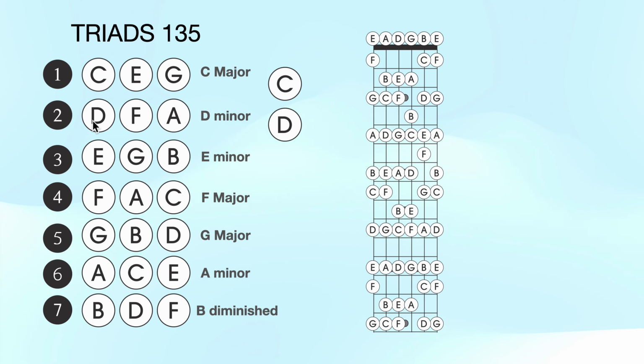We have C, D, and in this case, the E minor doesn't have either one of them, but then C, D, C, D. Let's check another one. We have D and E, E, D, E. The F major would not have either one, D, E, D. So any run of 2 notes will cover 6 of the 7 chords.